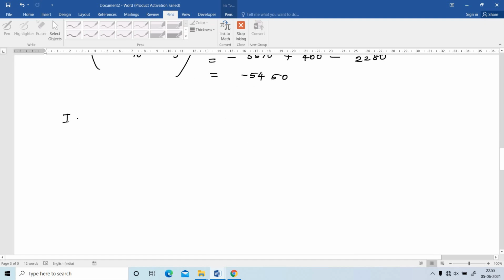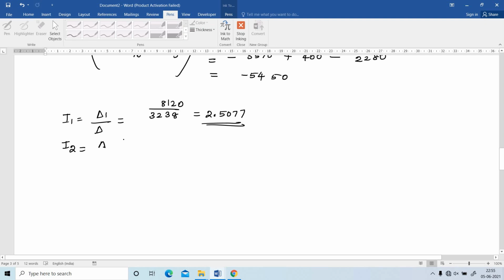We next find out I1, I2 and I3. What is I1? I1 is delta 1 by delta. Delta is 3238. Delta 1 is 8120. We get the answer 2.5077. This is the value of I1. And what is I2?